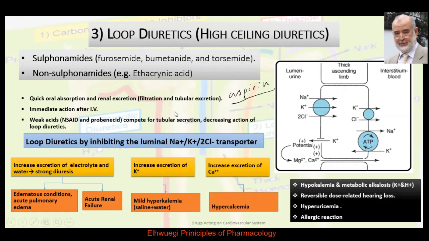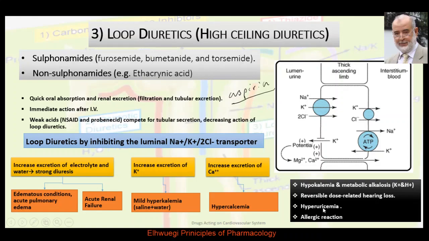As we have said, they are excreted through the acid secretion sites, and therefore they will prevent the excretion of uric acid. This will result in hyperuricemia, which means an increase in the level of uric acid in the blood. Usually, this happens in people who are suffering from gout.